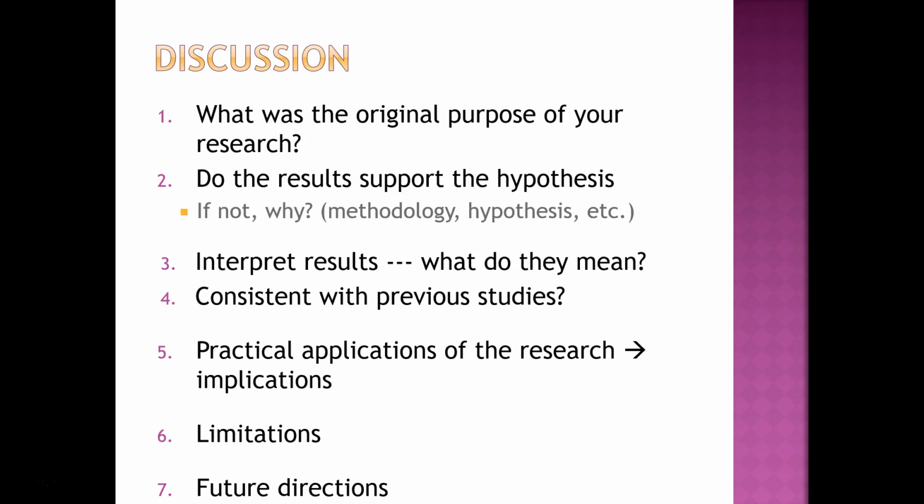Okay. You can write that, but the future directions really should be, imagine you are a real researcher in this area. This is your career. And where would you go from here? What would your next study be? Right?